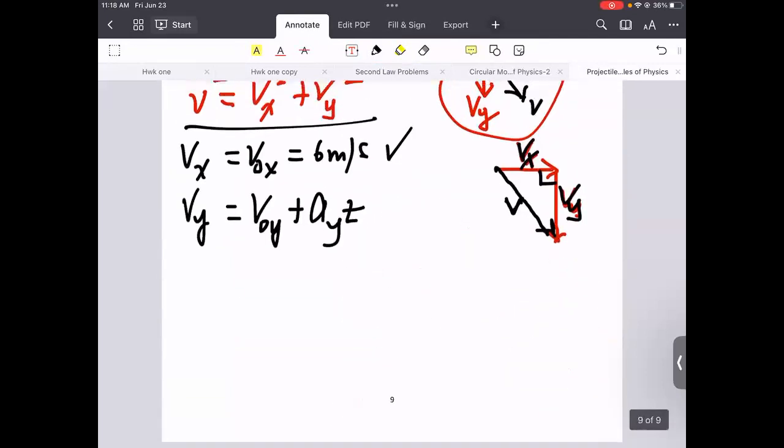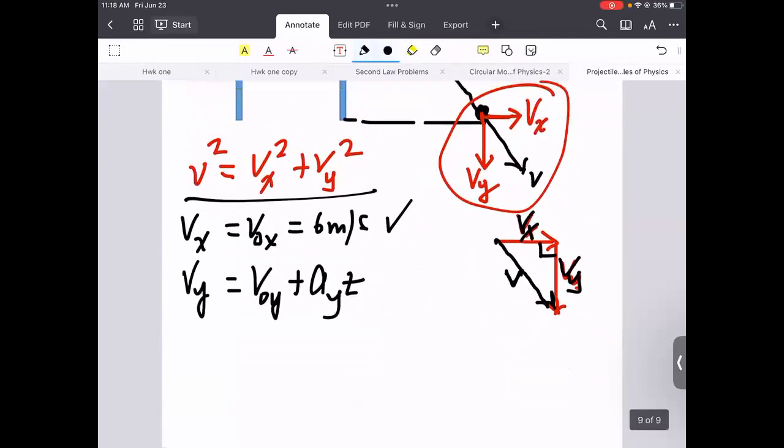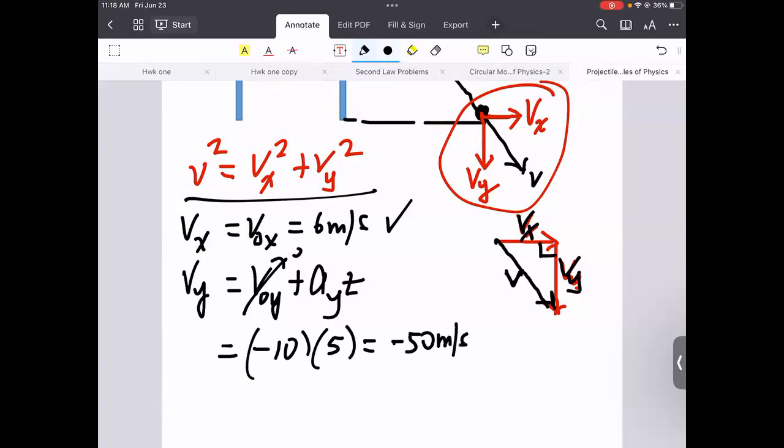All right, so that's how we find Vy. V naught y is actually 0, Ay is minus 10, and the time of flight was 5. So Vy will be minus 50 meters per second.